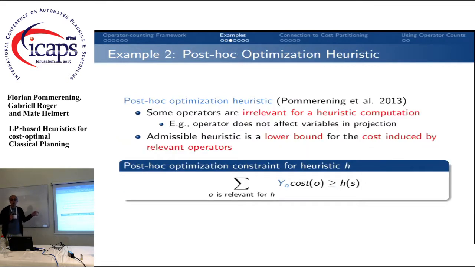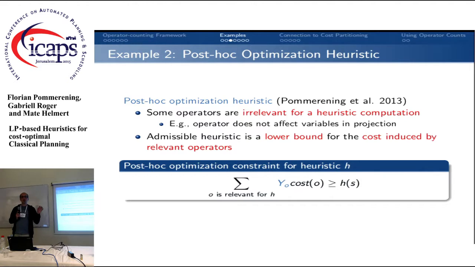For now, I want to go to the second example, which is the post-hoc optimization heuristic, which is based on the simple idea that if you have a heuristic, not all operators might be relevant to this heuristic. So there might be operators where it doesn't matter what cost they have, the heuristic will always be admissible. Think about a projection where you project the whole planning task to one variable.